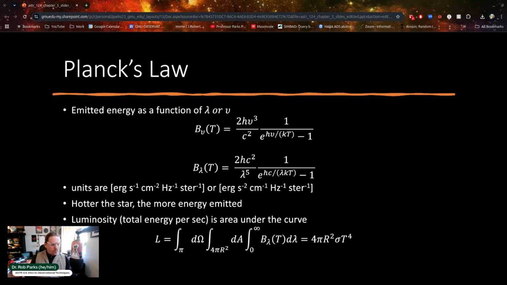Now, one of the most fundamental properties of a star, or really any astronomical object, is how much energy it is producing in toto per second. And we refer to that as luminosity. This is an intrinsic quality. It is not dependent on where you see it, how far you see it, in what way you see it. Luminosity is an intrinsic part of the object due to physical processes.